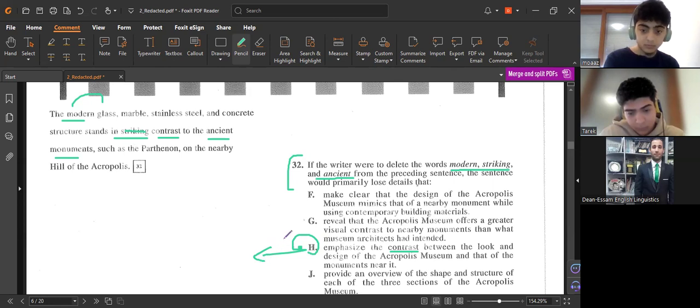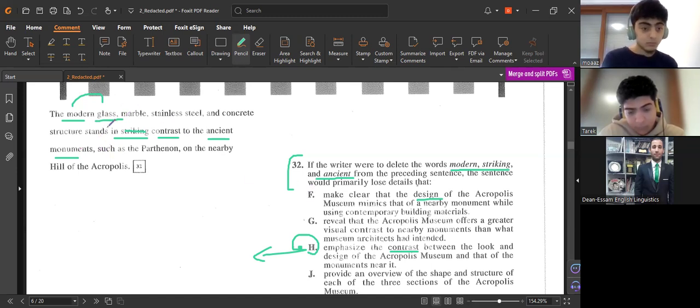But why is F wrong? "Make clear that the design of" the building, "while using contemporary building materials." So the design will be wrong. Right. So where would the design be wrong? It describes here the contrast, describes the glass, describes the monuments. If this is one, it's not in the sentence already.